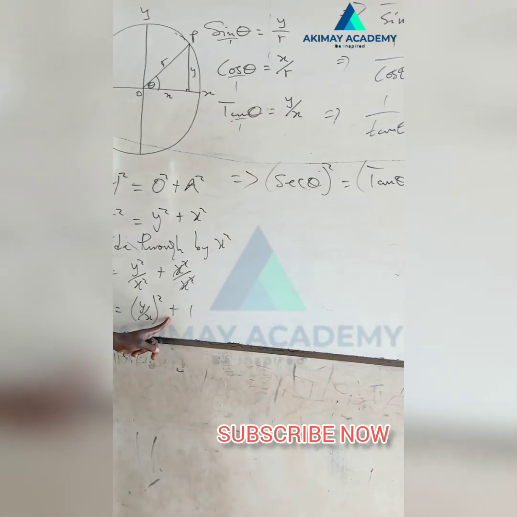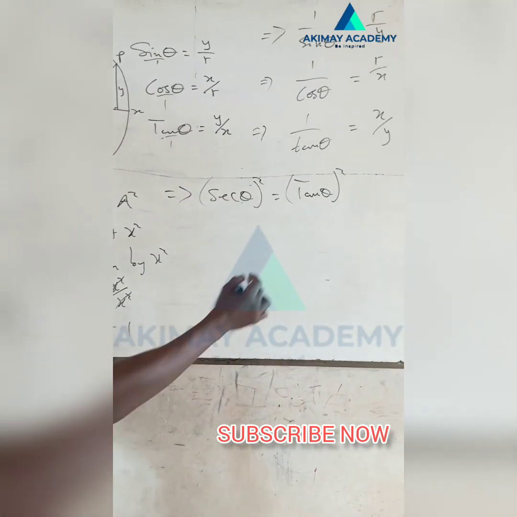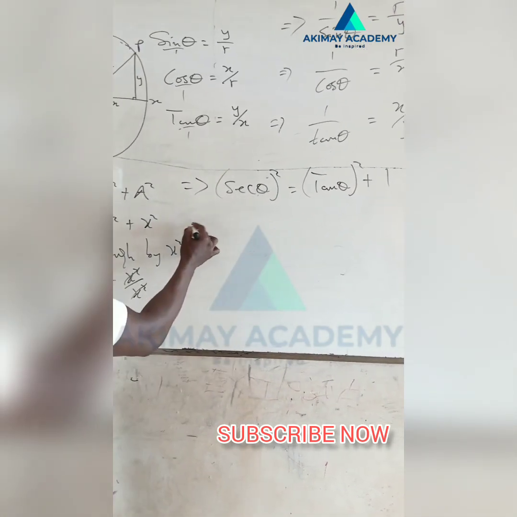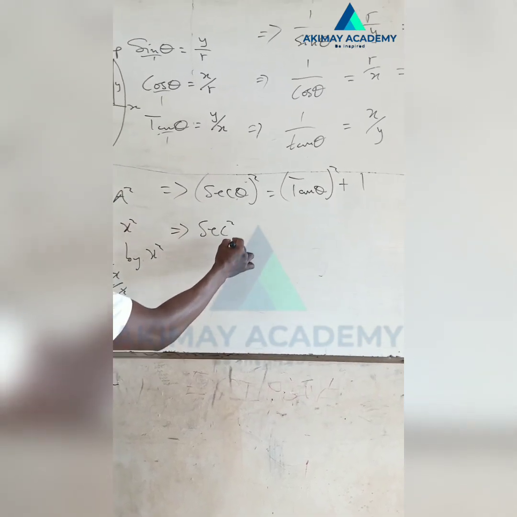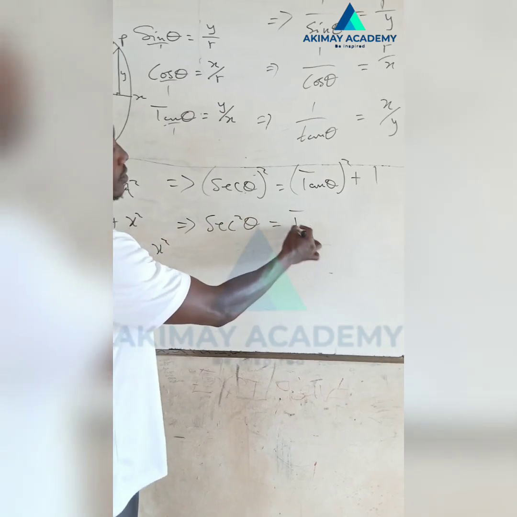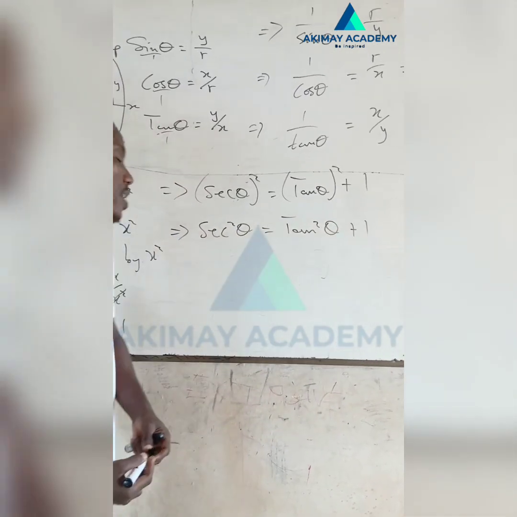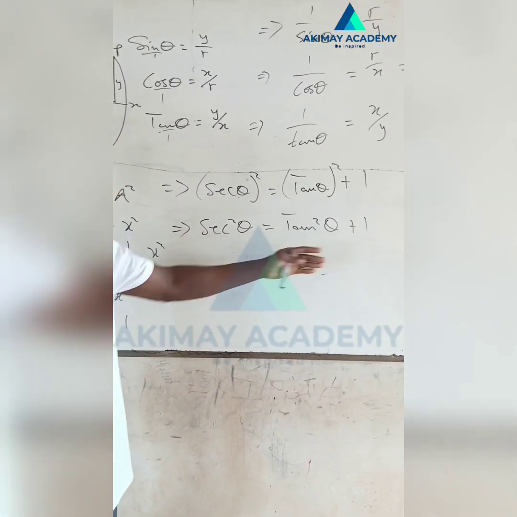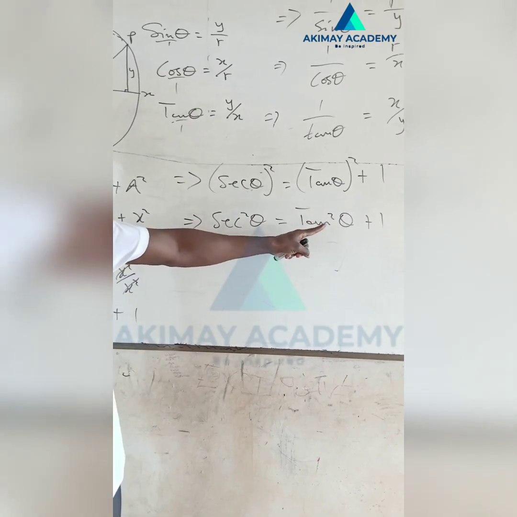And then we have our last item, which is plus 1. Then we can expand the bracket to have sec squared theta equals tan squared theta plus 1. So this is the reason why we say that sec squared theta is equal to tan squared theta plus 1.